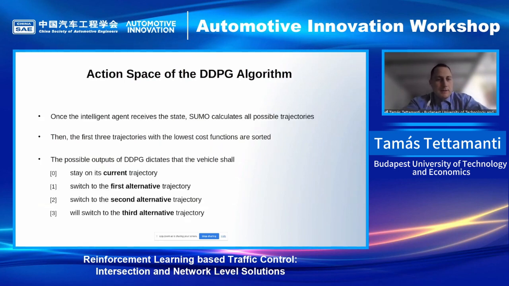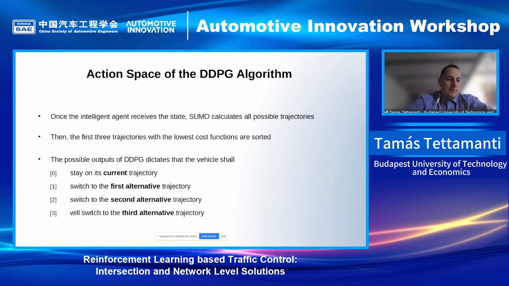The action space works as follows. Once the agent receives the state, we apply again SUMO, the microscopic traffic simulator, which calculates possible routing, so possible trajectories for the cars, for the agents. And for each car, the first three best ranked trajectories are selected with the lowest cost functions.